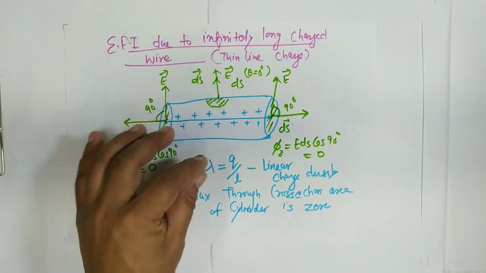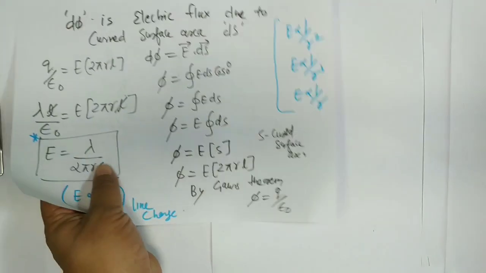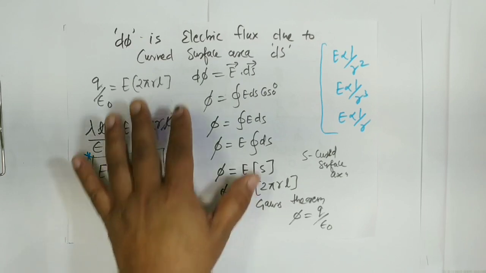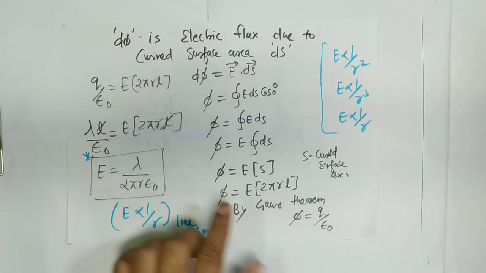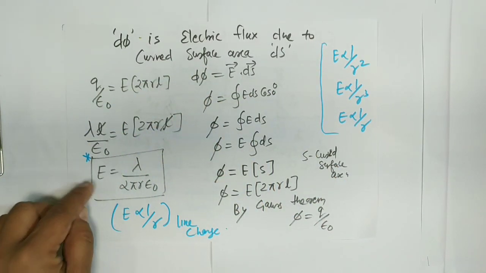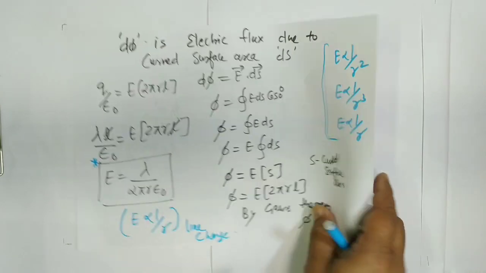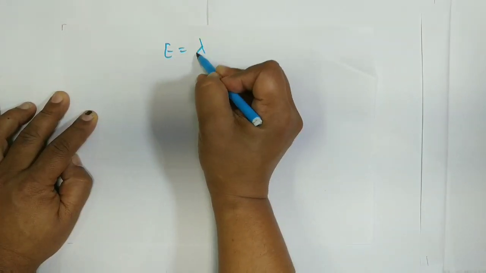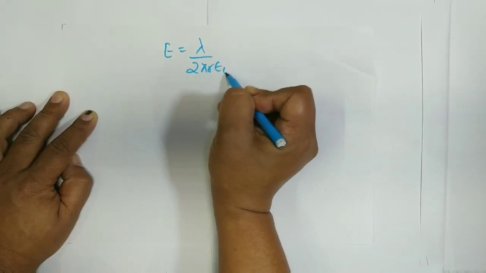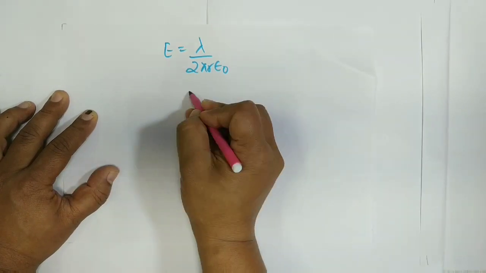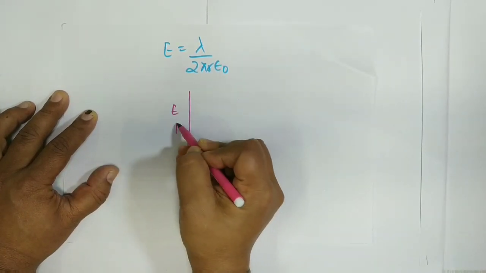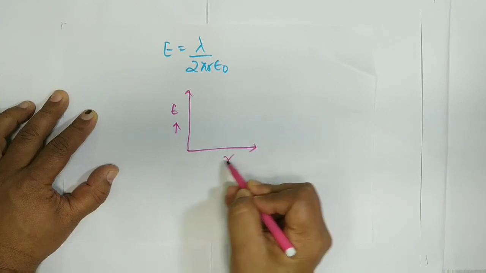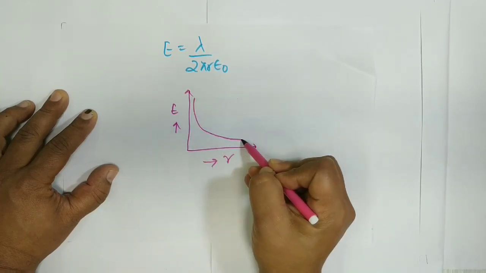Only the flux comes from the curved surface. Then what you did is the same thing here, d phi is E dS, and then you calculated it. You put it and you get this. This is a very important thing. And there can be a graph between E and R. If E is lambda upon 2 pi R epsilon naught, we can draw the graph between E and R. This E and R graph is like this.